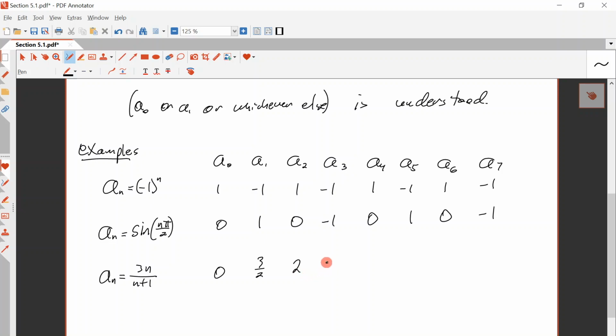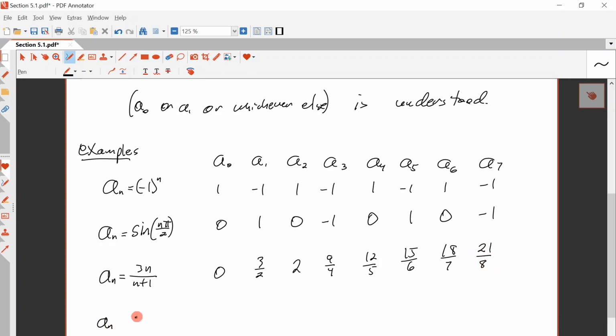With 3, you get 9 fourths. Right? With 4, you get 12 fifths, 15 sixths, 18 sevenths, and 21 eighths, and so on like that.